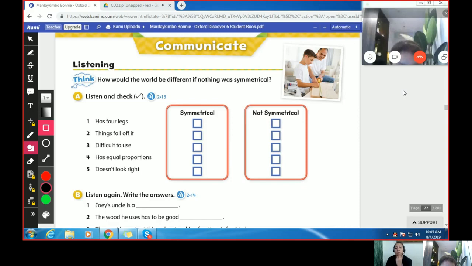Really? What do you mean it doesn't work? Well, imagine if you had a table that wasn't symmetrical. Things would fall off it, and it would be difficult to eat at it. Yes, I guess you're right. My salad would slide right off. And the table wouldn't look right in any case. Nobody wants a table that isn't symmetrical.